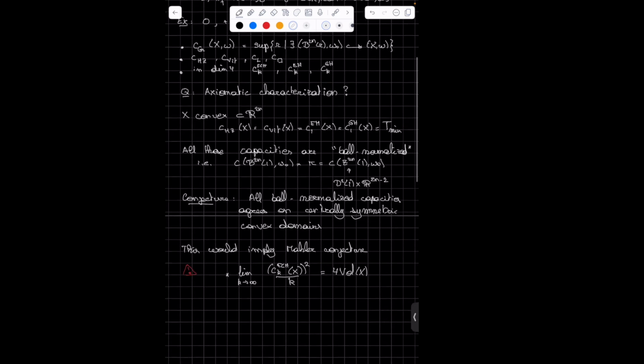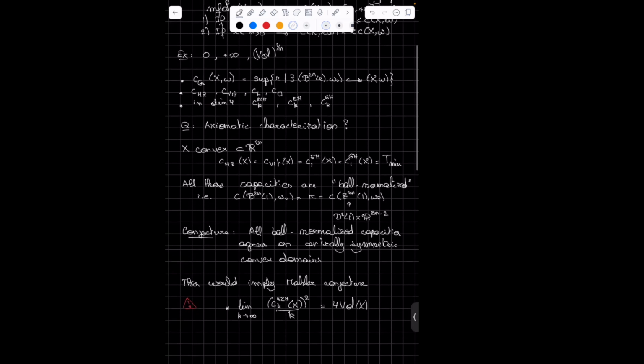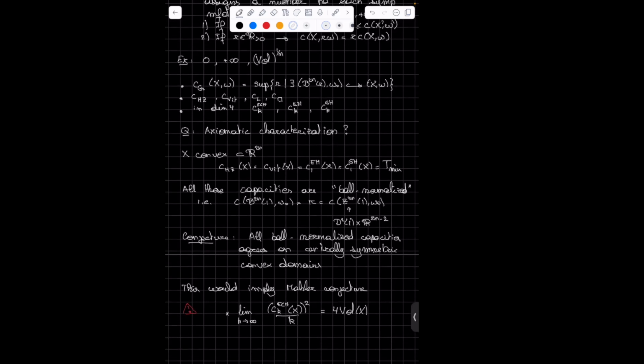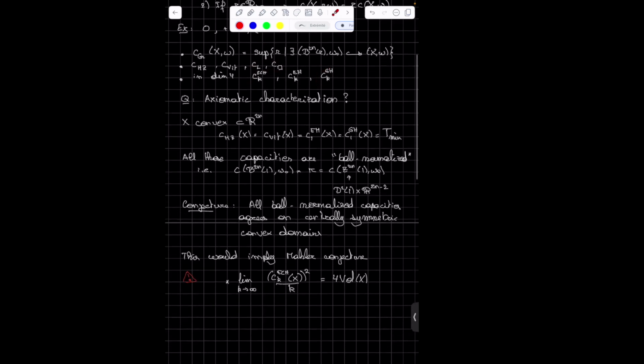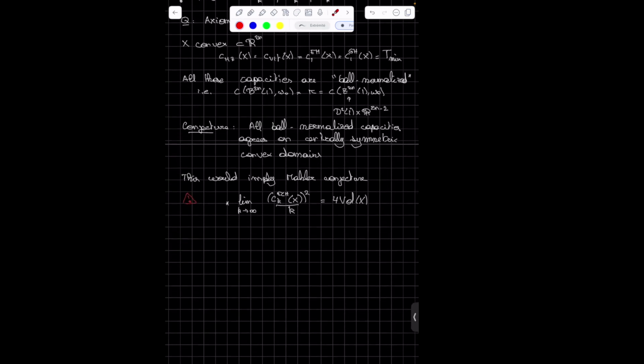So in my examples above, there's a link between this sequence of ECH capacities and the volume, which was another capacity. And the other result would relate the Lagrangian cube capacity and the capacities coming from positive S1 equivariant symplectic homology. And that's where I have to be very careful about this statement.